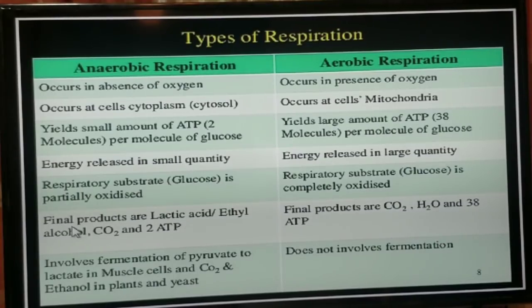In anaerobic respiration, final products are lactic acid, ethyl alcohol, carbon dioxide, and 2 molecules of ATP. Final products of aerobic respiration are carbon dioxide, water, and 36 molecules of ATP in plants.